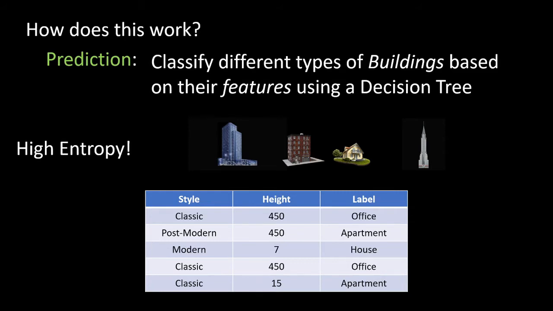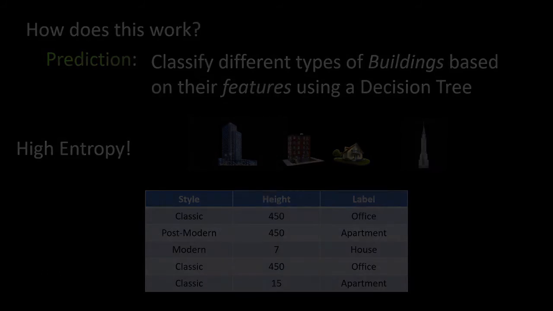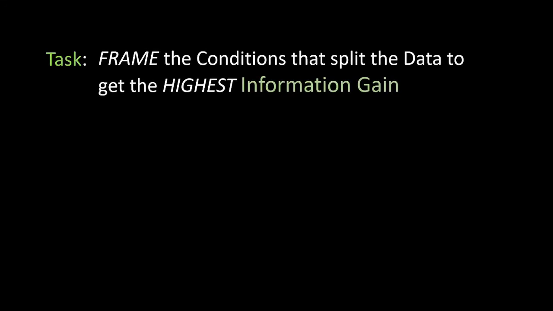So we're creating this table based on the high entropy that we have for the given data set. And our task really is to frame the conditions that split the data to get the highest information gain. That's really our goal.